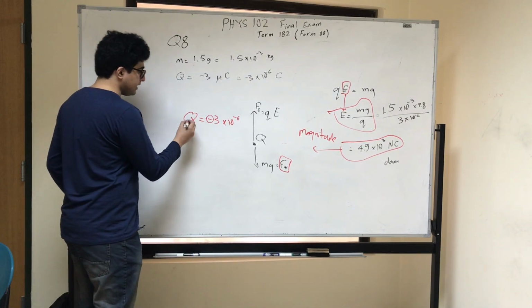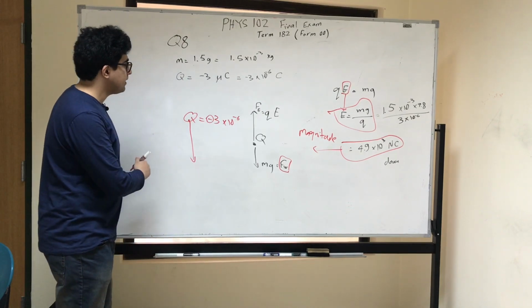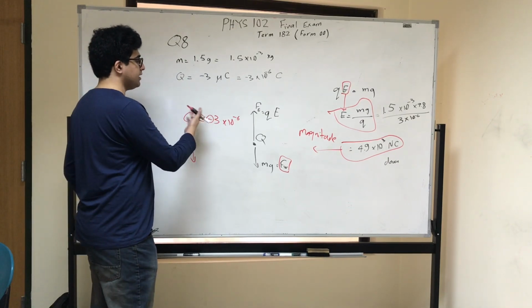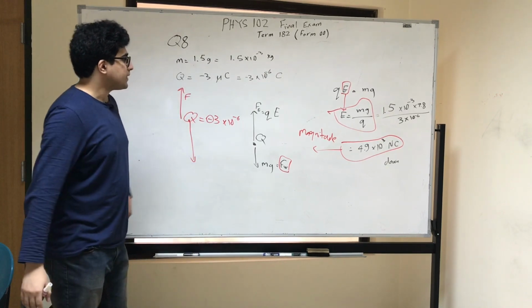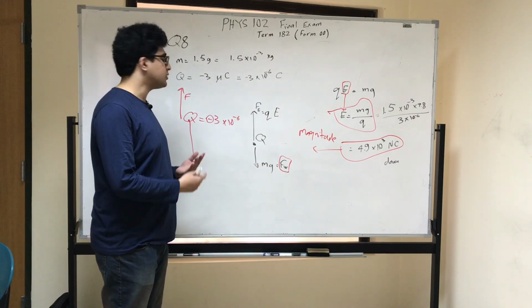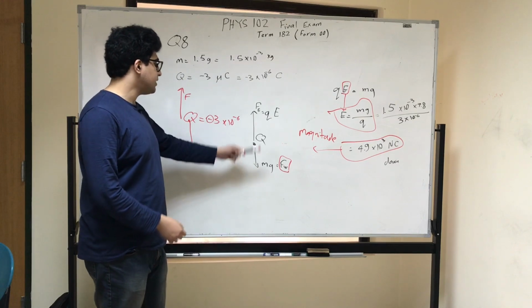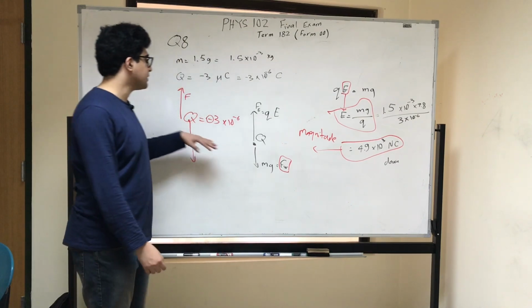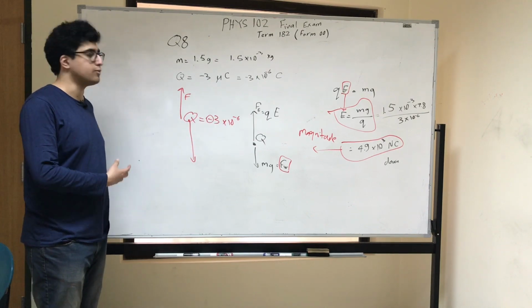So if we apply an electric field that is pointing downward, and we know that the charge is negative, the electric force is going to be pointing upward. If the charge is positive, then the electric force would be in the same direction as the electric field. But in our case, it's negative, so the electric field must be pointing downward in order to counterbalance the gravitational force.